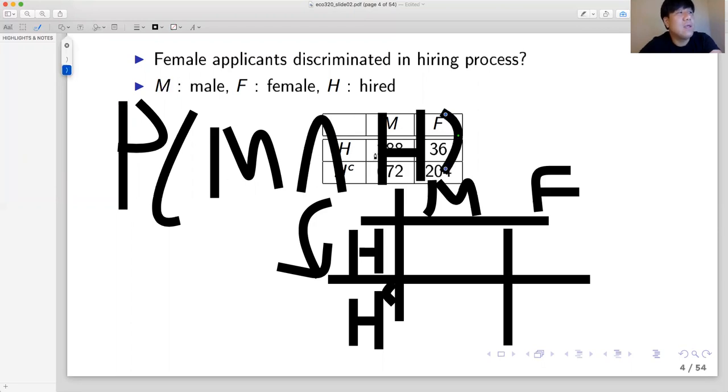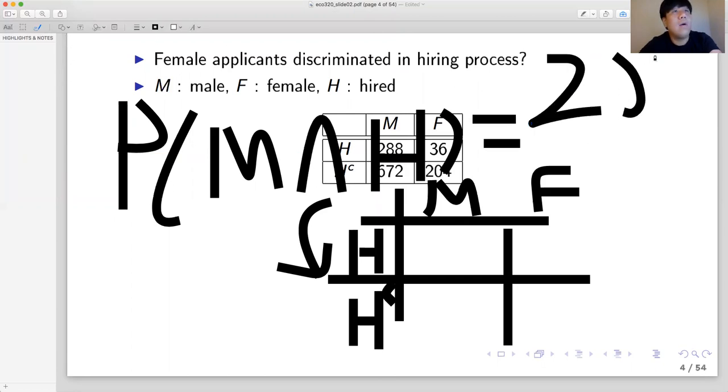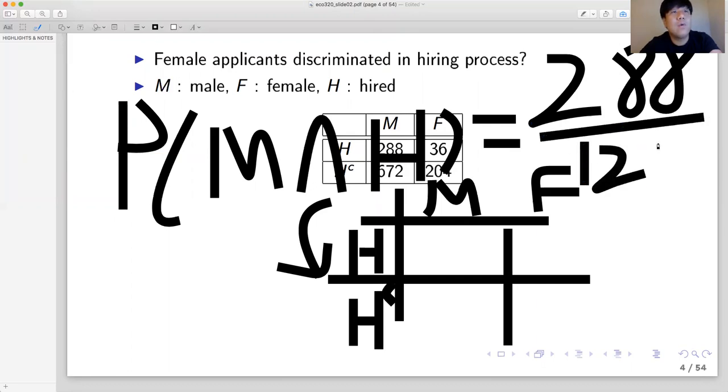So how many observations do we have over here? That was 288, so there are 288 people here. And how many total observations do we have? It's 1200. So if you calculate that, you're going to get this probability.